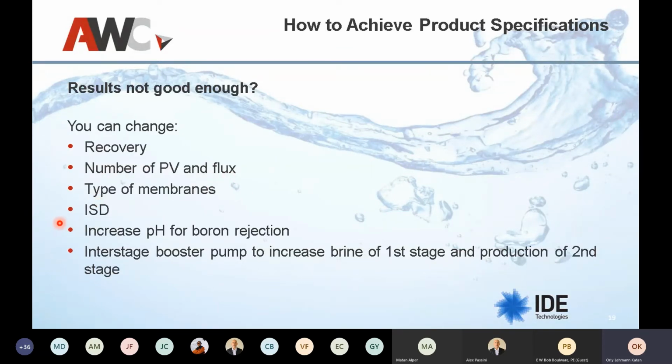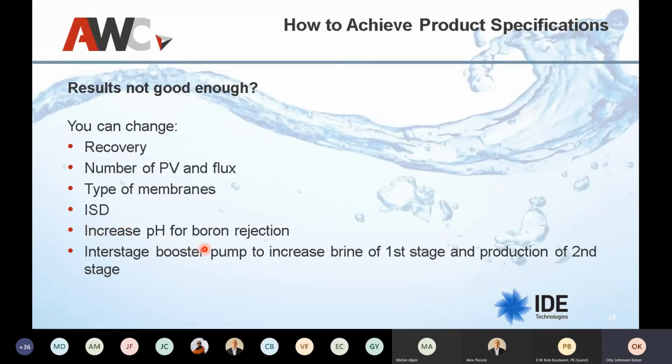We may want to have an ISD configuration, meaning a mix of membranes in one pressure vessel, choosing maybe tighter membranes in the beginning, giving us the good quality, and then more open membranes to follow, reducing the energy as much as possible or still giving us the ability to give the right water quality that we need at all times.